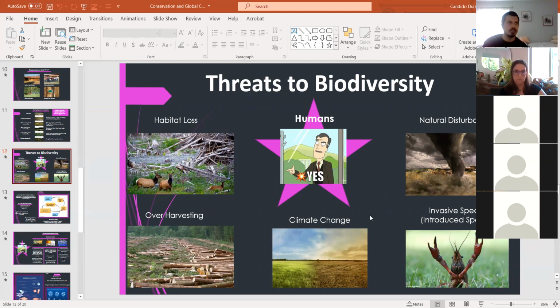Climate change is a slew of different things, but primarily it's non-living things, right? You have the changing concentrations of different things in the soil, water cycles, all of these non-living things like air. Over harvesting, technically, would be a biotic factor because, as humans, we are causing that. We are the source of that.